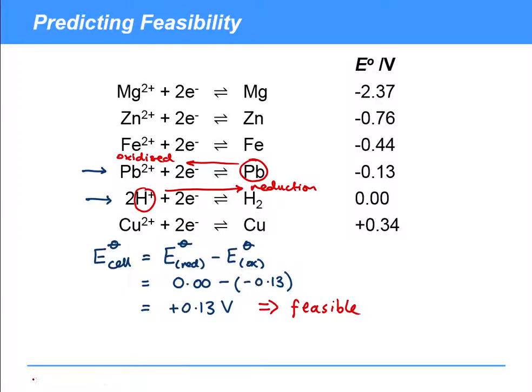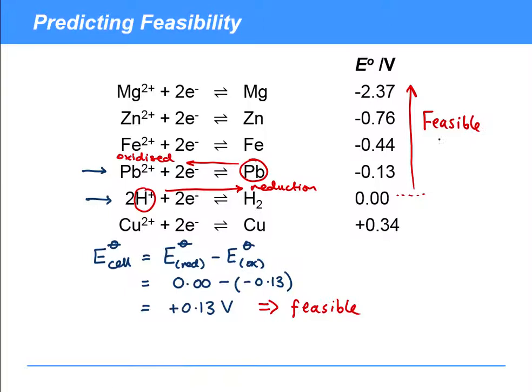So what we can do now is actually try that reaction in practice, and what we're going to do is actually try it in parallel with a whole load of other metals, so magnesium, zinc, iron and copper. And what we can see from the electrochemical series here is actually that any negative number here will give a positive E cell, and so actually all these ones here, so anything that's above hydrogen in the electrochemical series with a more negative standard electrode potential, we're going to say feasible.